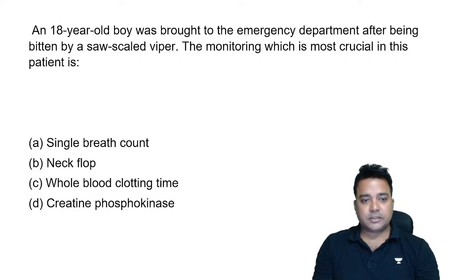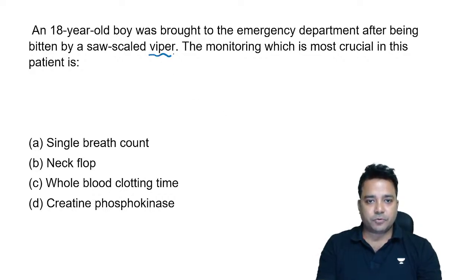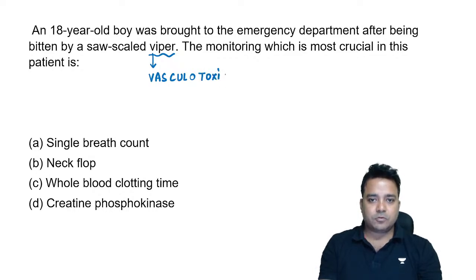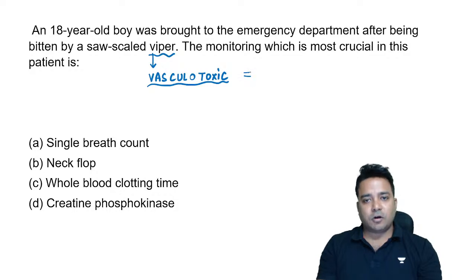Here the correct answer goes with, in any viper bite, we know that V for vipers, and they are vasculotoxic. They are toxic to our vascular system. Coagulation pathway का derangement हो जाता है because of coagulation factors getting affected.